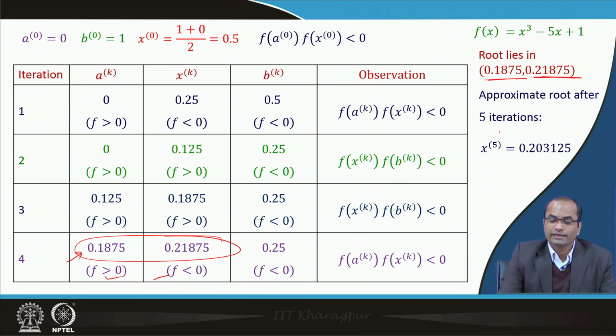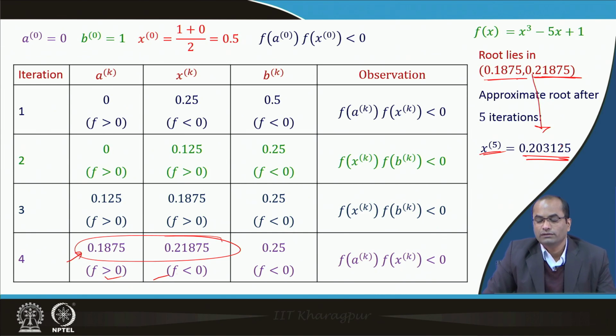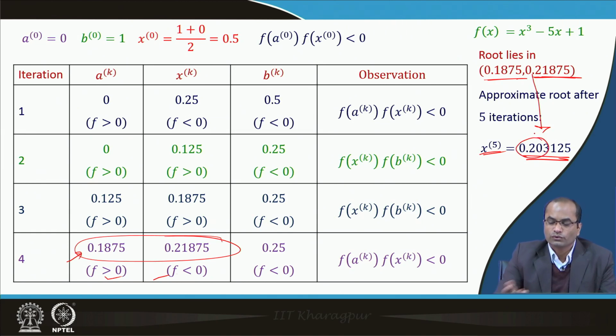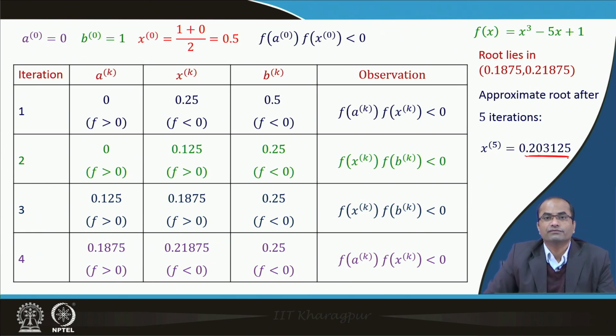The x5 we can get now is just the middle point of this. We will take the average here, and the average will give 0.203125, that is x5 after the 5th iteration. We can see the actual root was also 0.20 something. So, it is matching, it is getting closer even after 5 iterations. If you go further, naturally the root will improve.